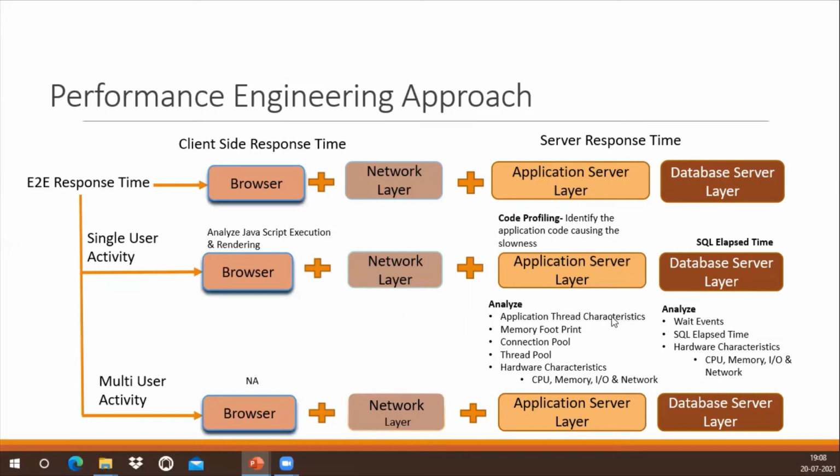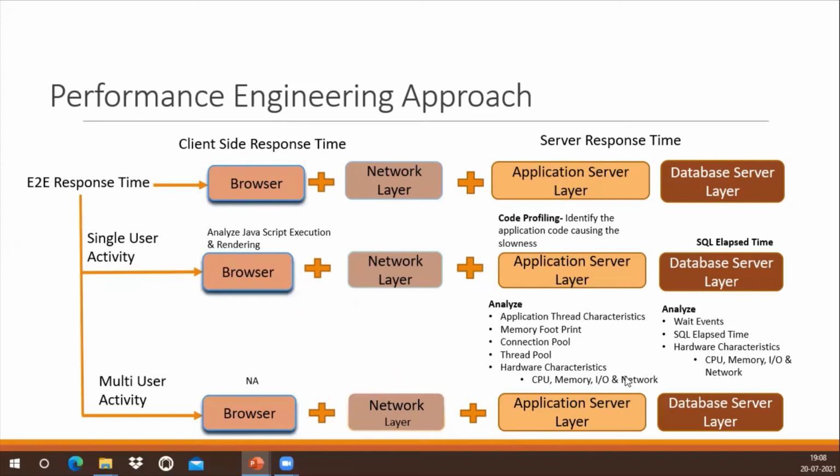Whether application threads are runnable, blocked, or waiting. We need to understand the characteristics of the threads and the memory footprint. We need to see how much memory is allocated for the Java application, what the frequency of garbage collection is, and how much time each garbage collection takes. Those are a few things we can check here.